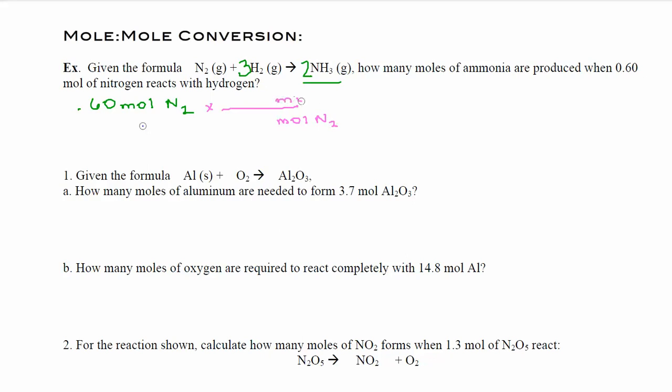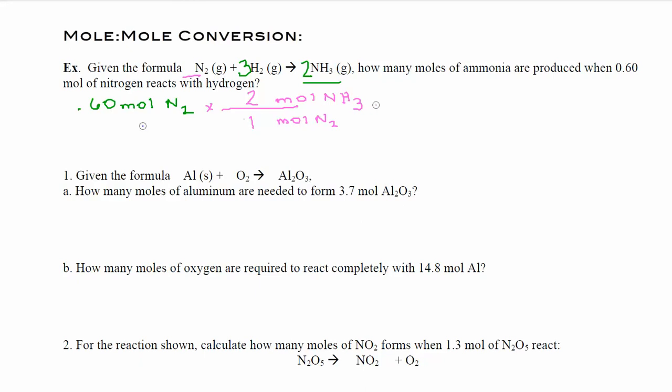Now, whenever you have moles over moles, this relationship is just going to be the coefficients for these 2 molecules. So for NH3, there's a 2 in front, so I'm going to put a 2 here. So for every 2 moles of NH3, there is 1 mole of N2.